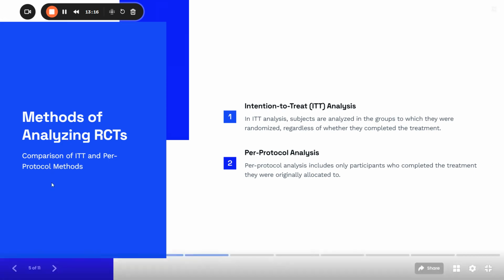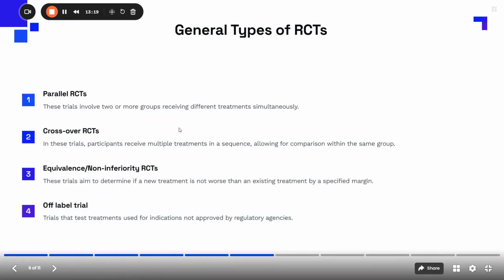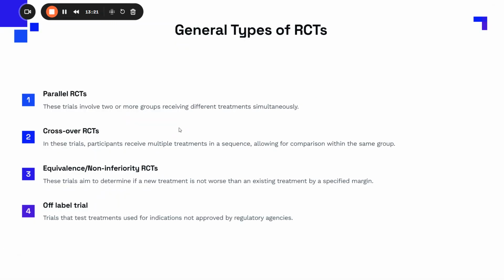Well, types of RCT, I didn't say this earlier, could be classified in multiple ways, but in general, you can consider parallel RCTs, in which the intervention and control groups are observed in parallel, and then the outcomes are checked after the study has been completed.